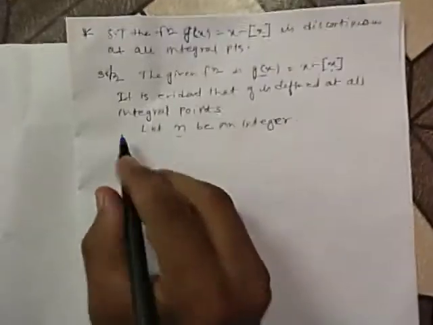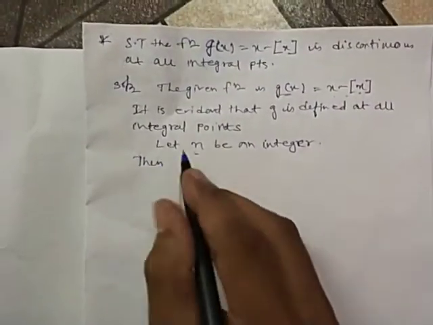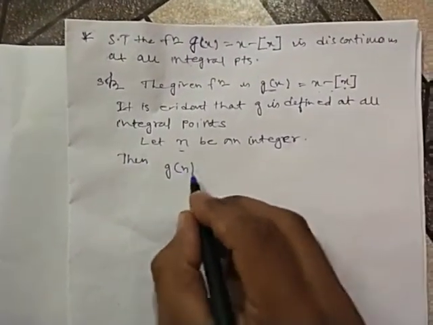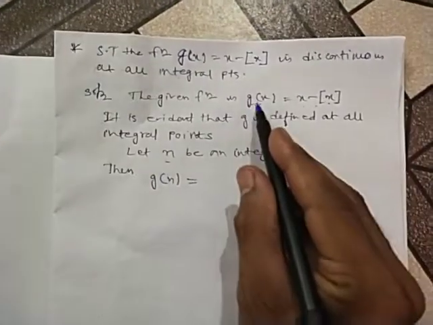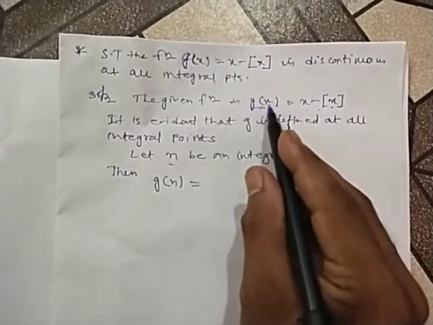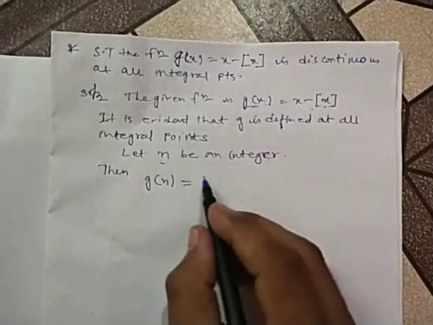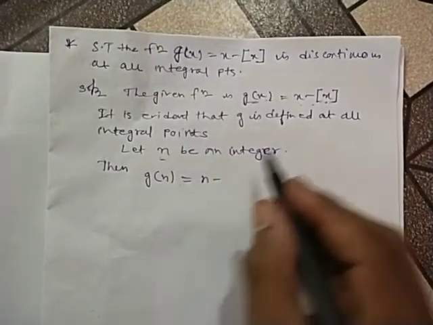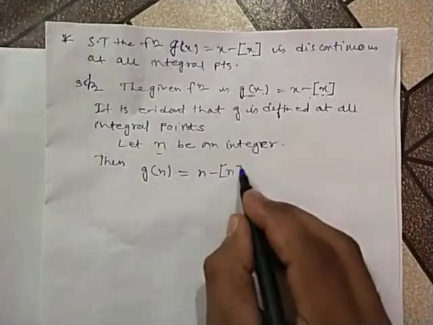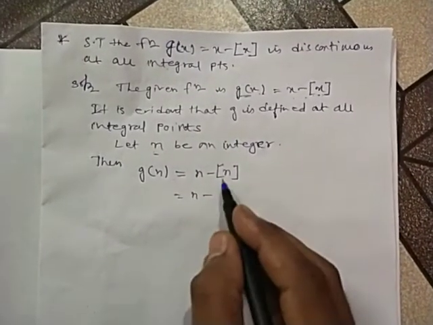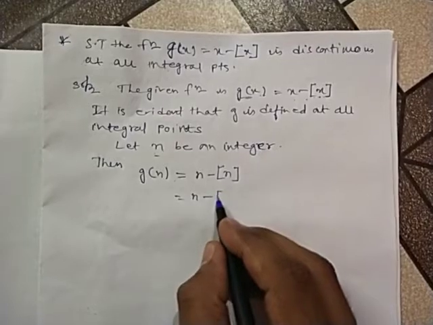Now, g(n) equals, what is g(x)? The function g(x) equal x minus greatest integral value of x. So g(n) is n minus greatest integral of n. What is the greatest integral of n? This is n only.